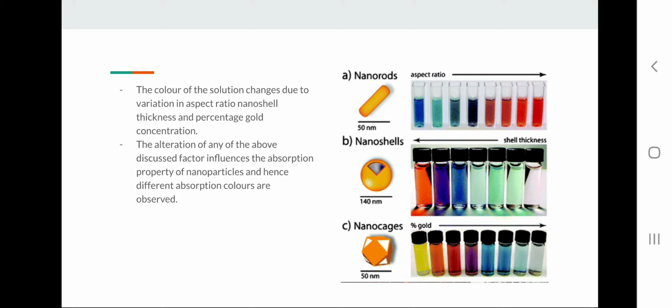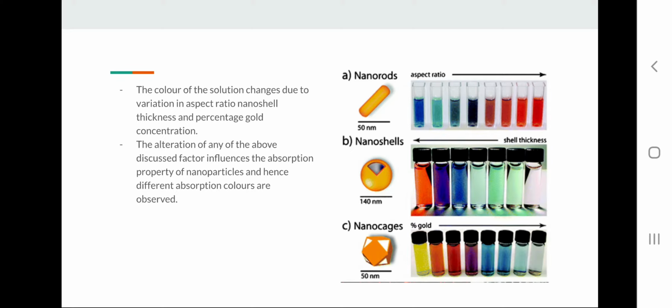A is nanorods of 50 nanometer, B is nano shell of 140 nanometer, and C is nano cage of 50 nanometer.